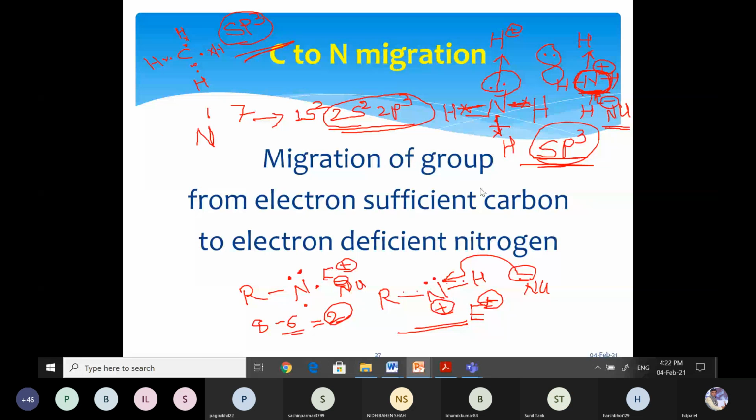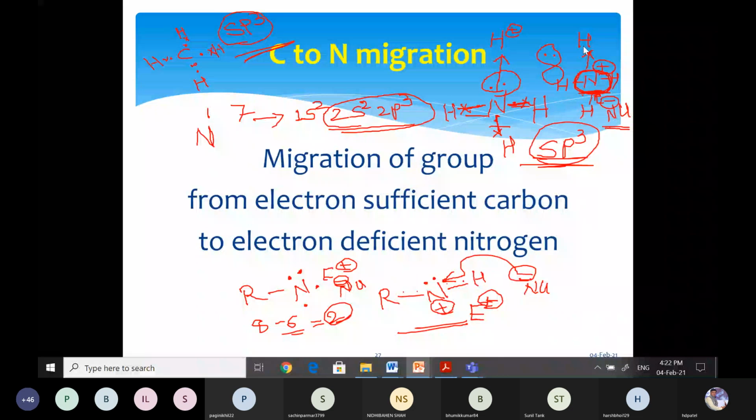But when it is converted into NH4 plus, the positive charge is just to show that nitrogen has donated its electron to hydrogen, nothing else. As per the availability, nitrogen has how many electrons? 8 electrons in its surrounding, and that's why it is considered electron sufficient.